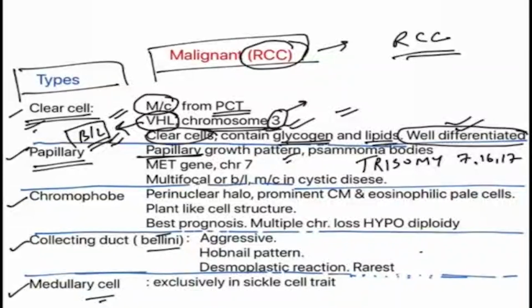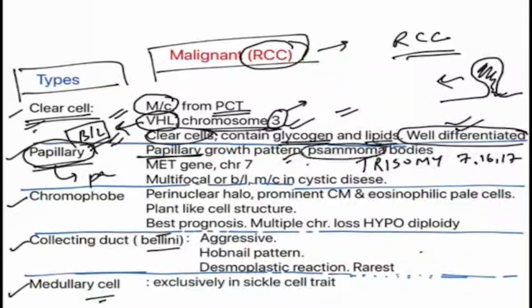Now coming to the papillary cell tumors. Papillary cell tumors have a papillary growth pattern, that is any outgrowth from the epithelium is papillary growth or tubular growth. Whenever this term papillary comes, psammoma bodies are present, in kidney or in thyroid, anywhere.